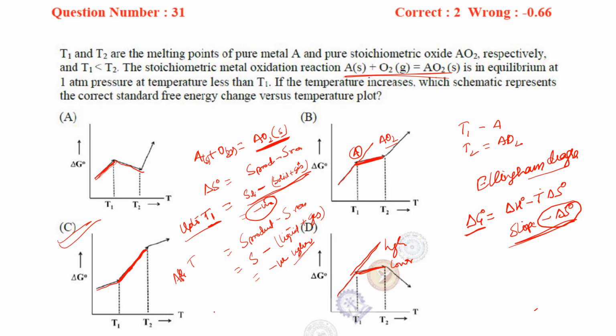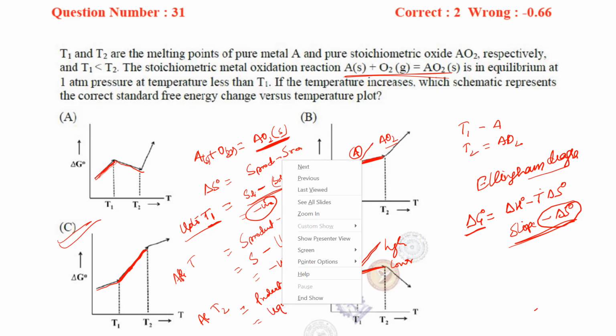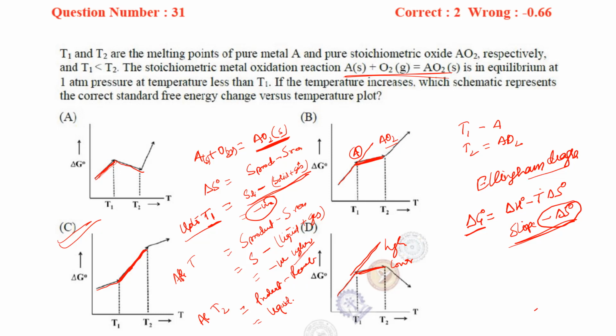Now see after T2. After T2 also it will be product minus reactant, right? In the product you see A2 is getting into liquid. So liquid minus, A is already in liquid and oxygen is in gas. Now the product is getting into liquid, so the overall entropy of product will be somewhat higher.